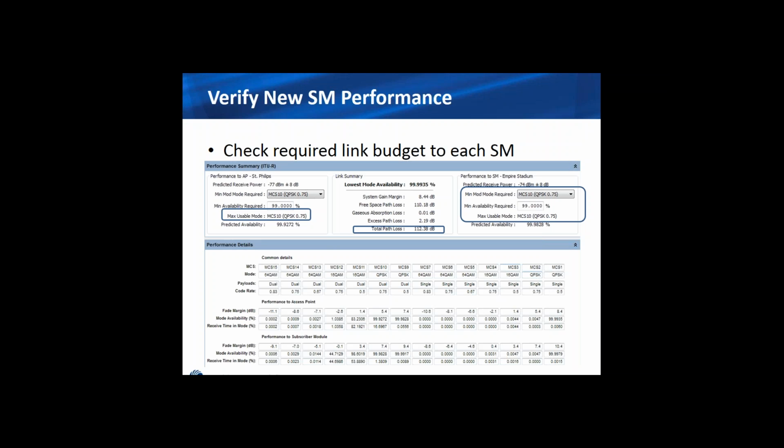When we looked at the PTP links, we saw the chart version of the performance details. Here in the PMP, we show the performance details in a tabular form, and you can see the fade margin for each of the modulation modes and the availabilities and expected time in mode for each mode. We'll be adding to this information in future releases as we go on.